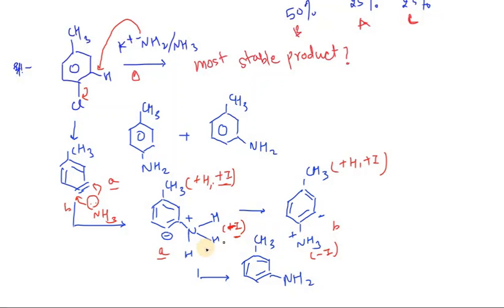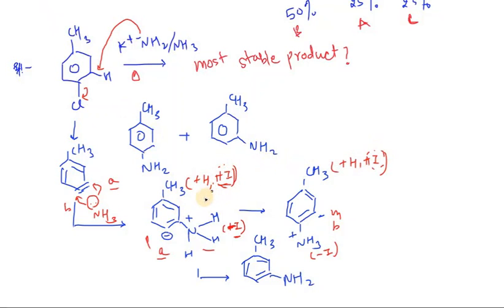The effect of NH3 plus is the same on both sides, but the difference is generated by CH3. Here CH3 is at the para position to the negative charge, and here CH3 is at the meta position to the negative charge. So we know which reaction intermediate is most stable. If we consider only minus I effect, here we consider the plus I effect.